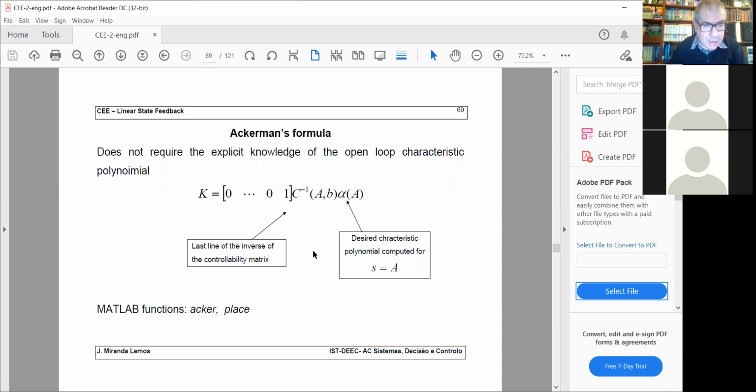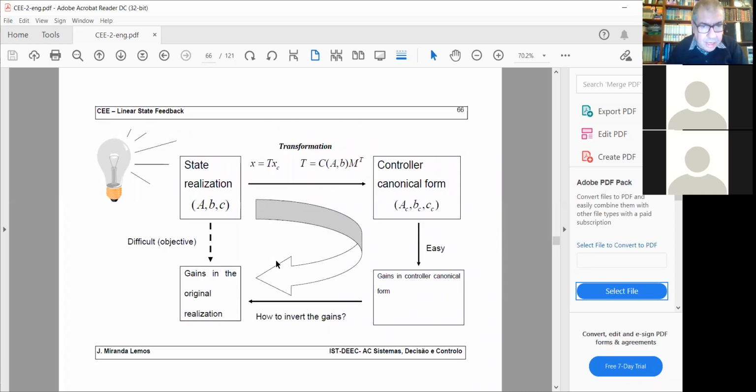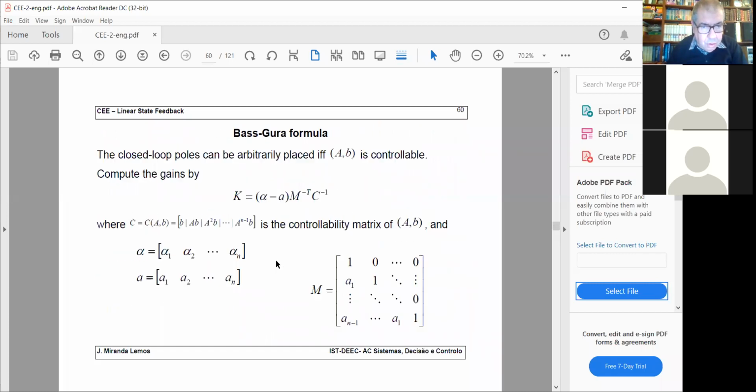So let's put everything together. I think I did some simplifications in these slides, but let's go to the Bass-Gura formula. You have alpha minus A, which are the gains in the controller canonical form, and then this is just the inverse of the transform that leads you to the gains in the state realization.